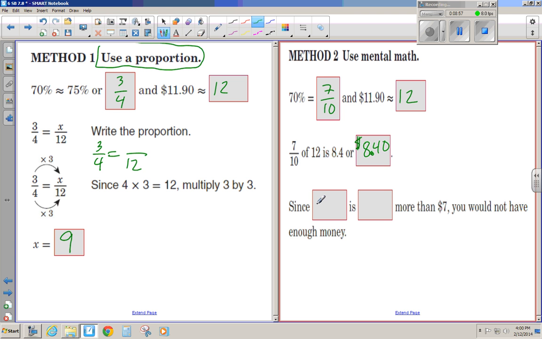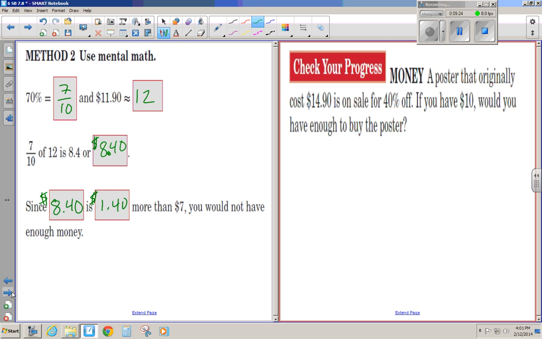So since $8.40 is, I guess, $1.40 more than $7, you would not have enough money. Right? You don't have enough money to buy them.